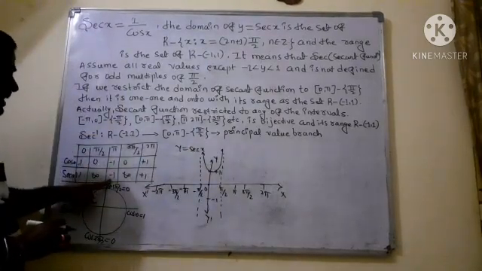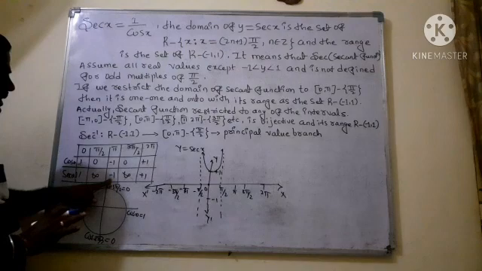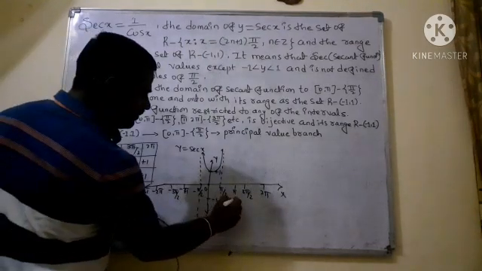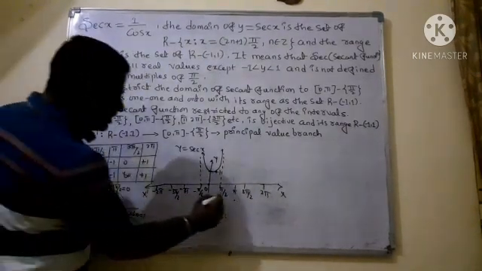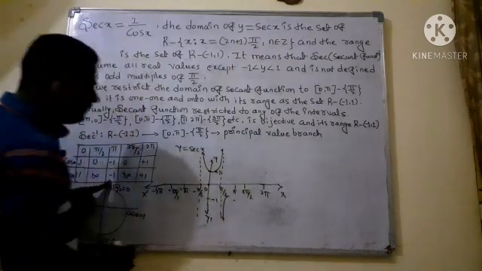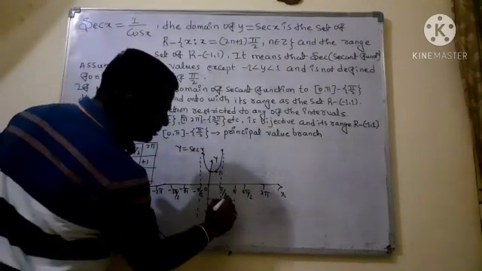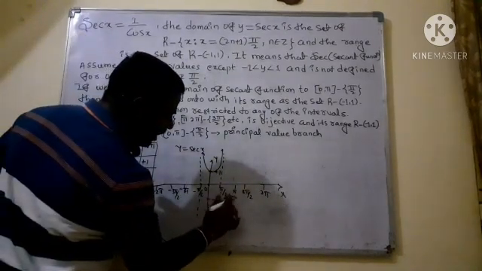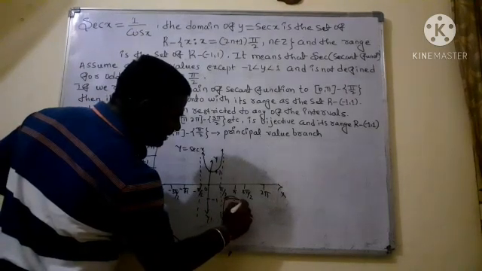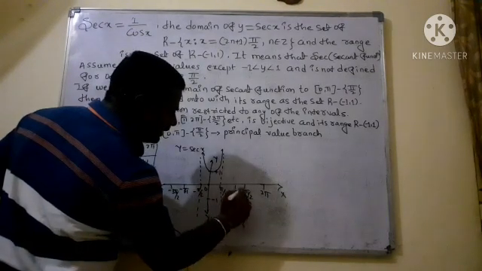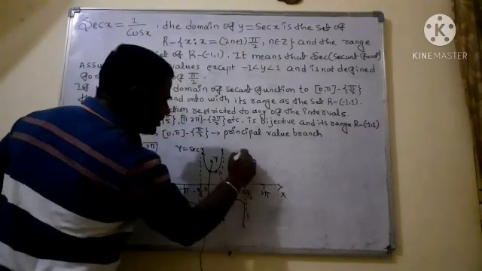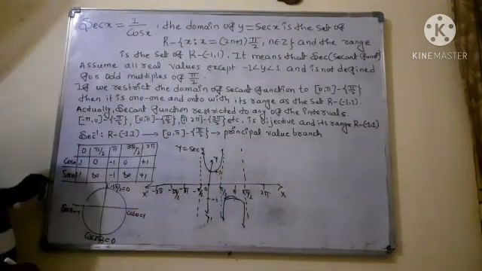So here pi is there, minus 1, right? I can take here minus 1. So already you know that at pi by 2 it is infinity. At pi, it means minus 1, clear, and 3 pi by 2 is also infinity, as the picture has given.